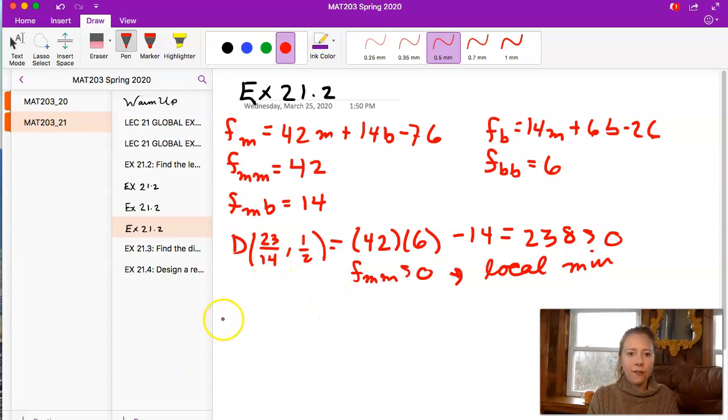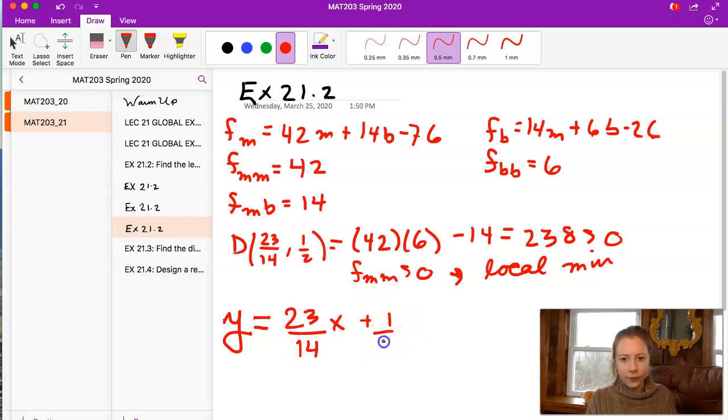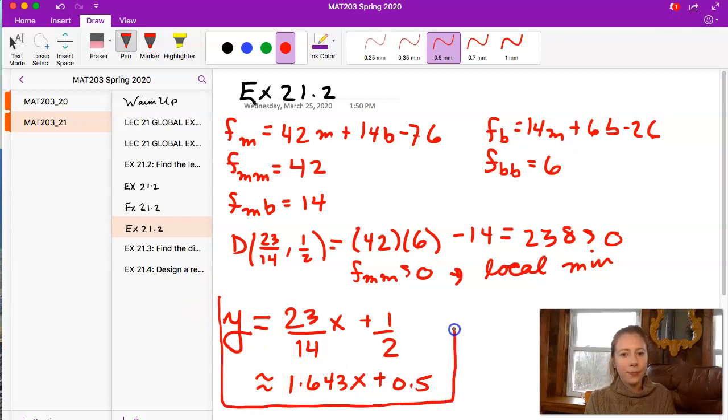And so our final answer is the equation y is equal to mx plus b, so 23 over 14 x plus 1/2, which is approximately 1.643x plus 0.5. There you have it.